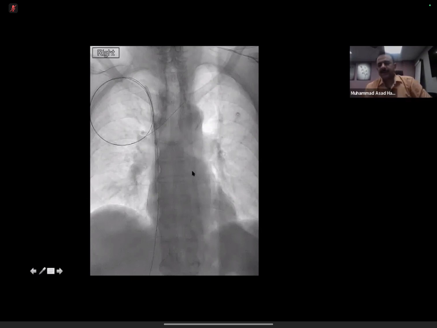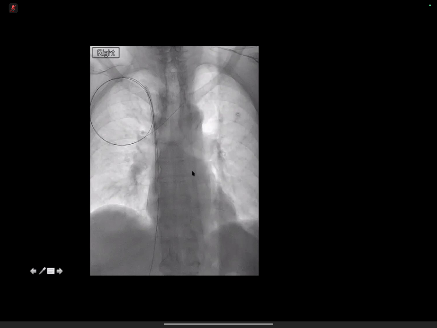Now, this is basically showing that this is a broken catheter. This patient was, the renal physician was performing catheter exchange for the dialysis catheter, and this catheter got broken.